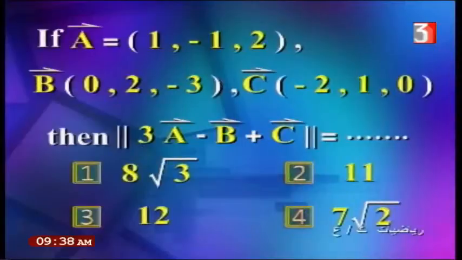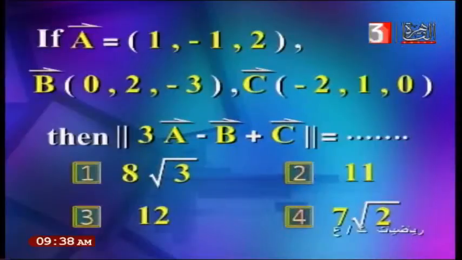My dear student, this is very easy. To find 3A vector, multiply the vector A by 3. 3 times 1 is 3, 3 times negative 1 is negative 3, 3 times 2 equals 6. Then subtract from it B vector, then add C vector with the result.